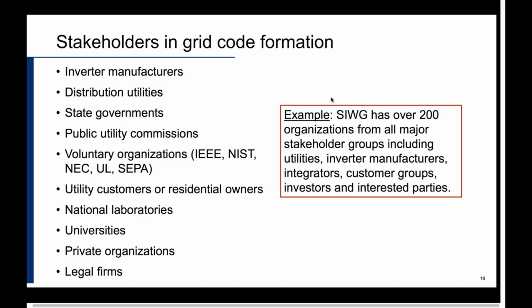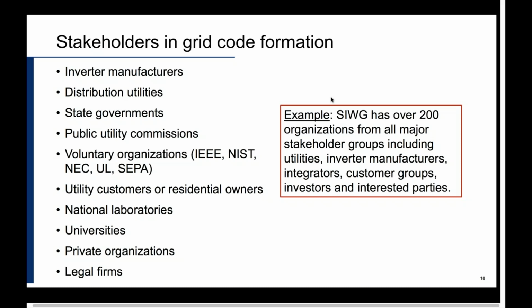These are the people who really buy or invest in these devices. No policy or technology or a grid code should act against the need for buying these technologies. If a consumer wants to buy it, these grid codes should enable them to buy it and make them usable in a particular way. On top of all these, national labs and universities play a very important role in documenting all these and pushing these technologies or grid codes in a very particular usable way.